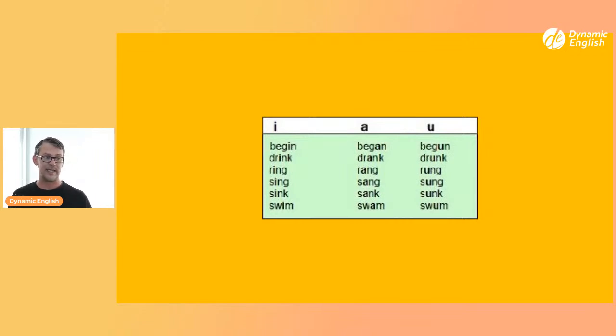So let's look at this list. We see begin, began, begun. And I hope that you at home watching are able to repeat the pronunciation of these verbs. Next, the big example here, drink, drank, drunk.